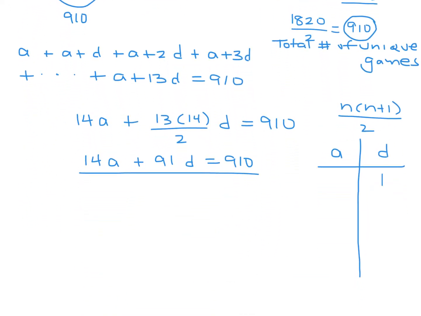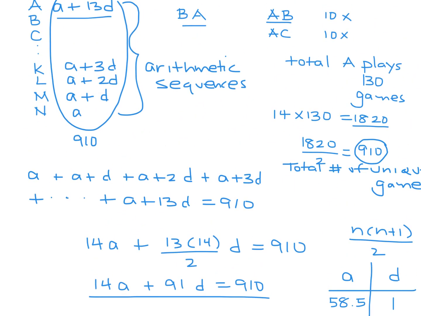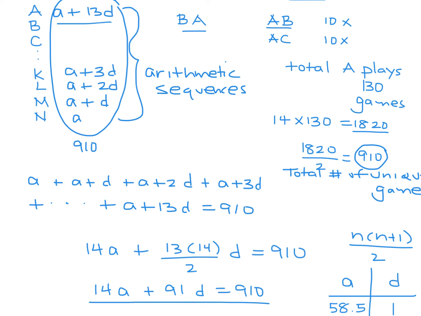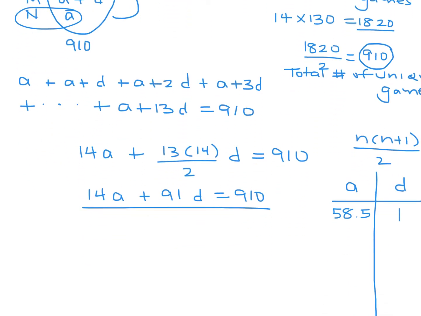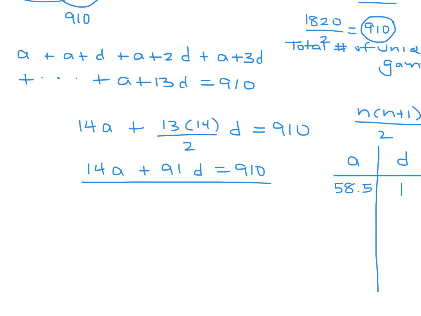If D is 1, you sub it back into this equation, you get a value of A of 58.5. Now, that doesn't make sense because remember, A represents the number of games won by N, and therefore A must be an integer. So if A is an integer, then obviously it can't be 58.5.